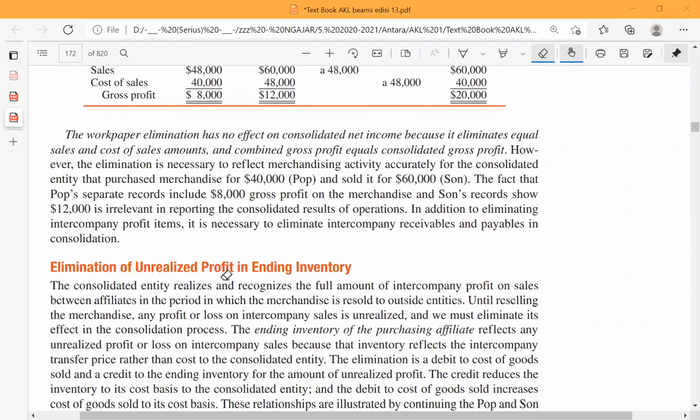It means we have to eliminate the unrealized profit that occurred when P sold merchandise to S, but not all of this inventory will actually be sold by S. There is remaining inventory that stays on the books of S. So from the consolidated point of view, we cannot recognize that profit until the inventory is finally sold to the end customer.